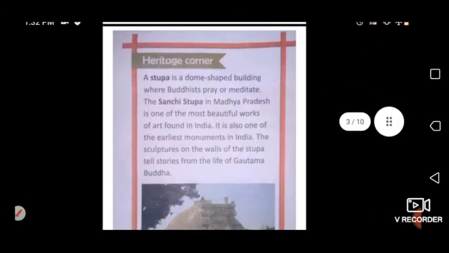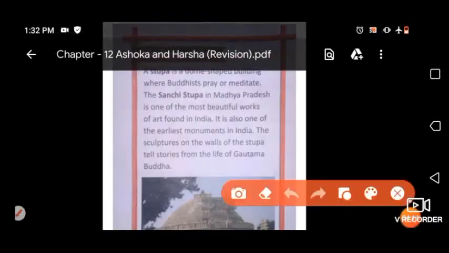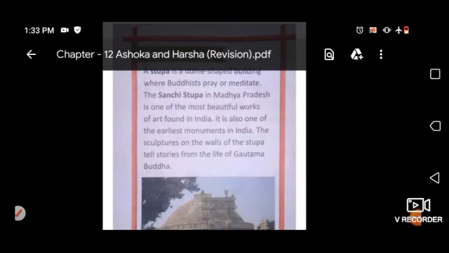The stupa is a dome-shaped building where Buddhists pray or meditate. As we go to pray in temples, the Buddhists go to pray in the stupa. The Sanchi Stupa in Madhya Pradesh is one of the most beautiful works of art found in India.